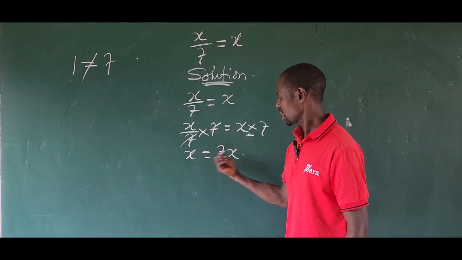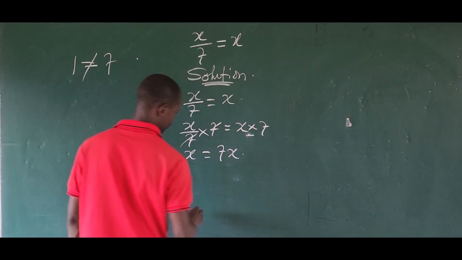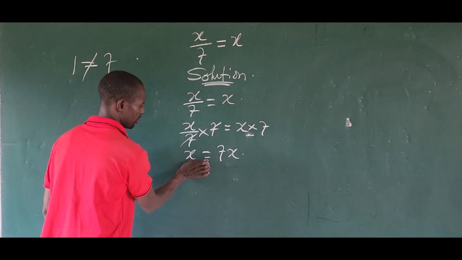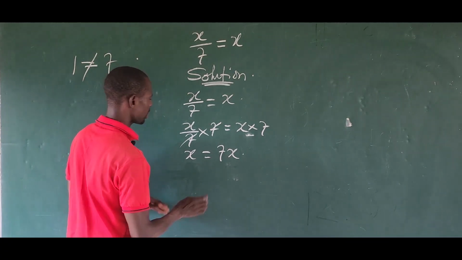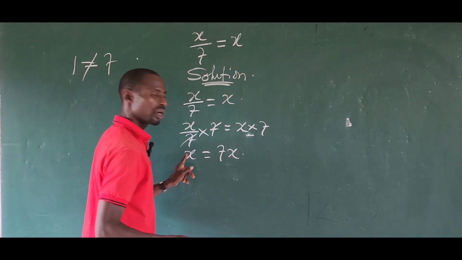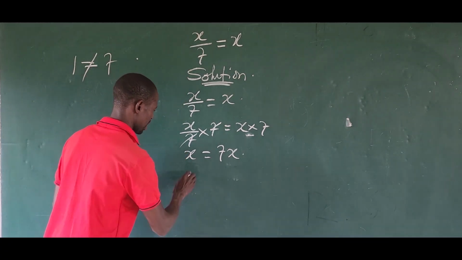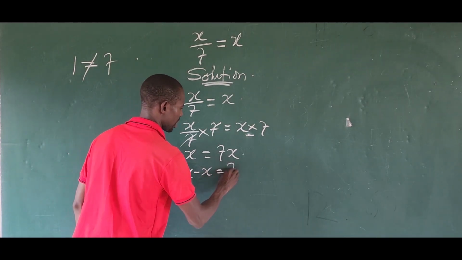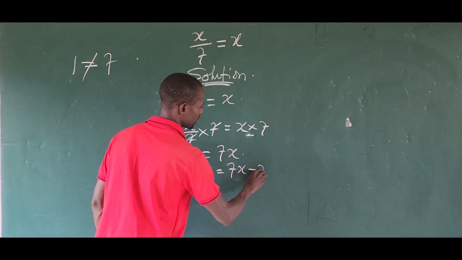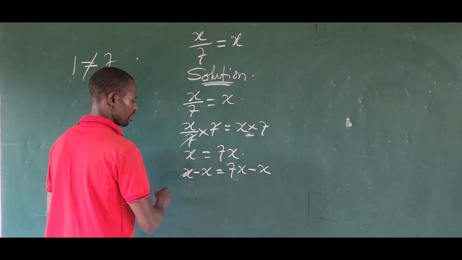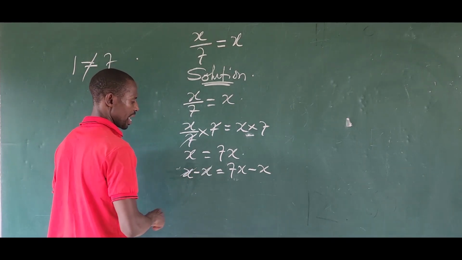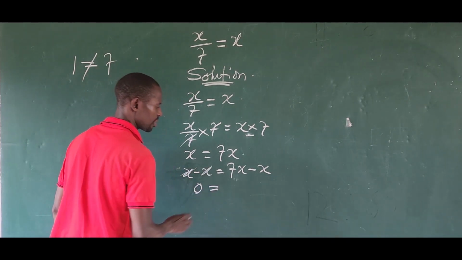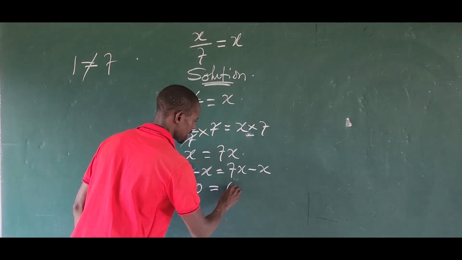We want to move this quantity to this side of this expression, so this is going to give us 0. But how do we do that? We just have to subtract x from both sides of the equation. So we're going to have x minus x is equal to 7x minus x. Then x minus x will give us 0. So we have 0 equal to 6x.